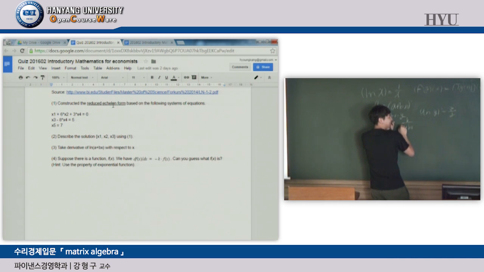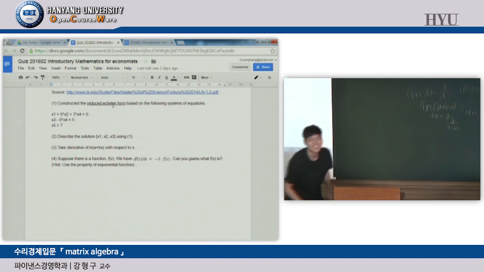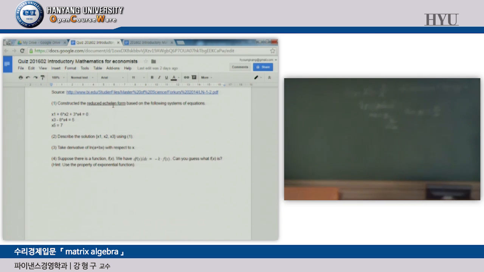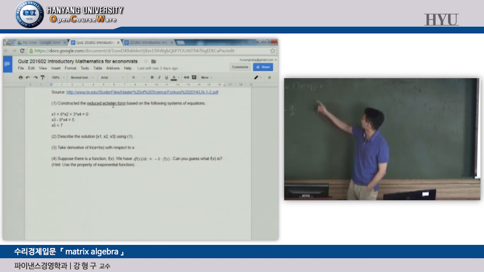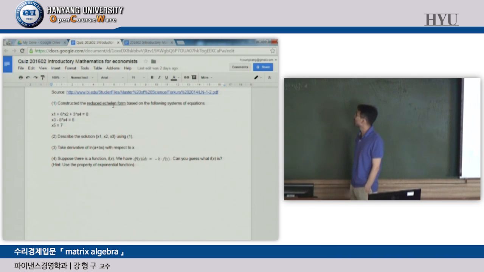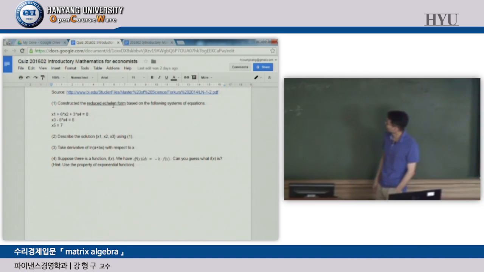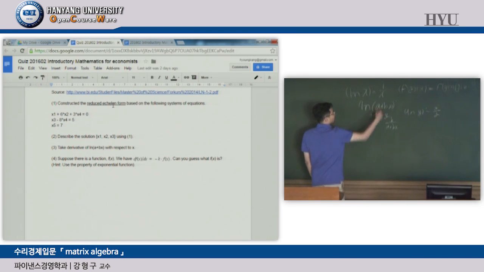Anyway, I think this is the answer. This is right because he is basically using the chain rule: f of g of x, f prime times g prime. Here f is the log function and g is a plus bx. He regarded this as y, so it is basically the g function.